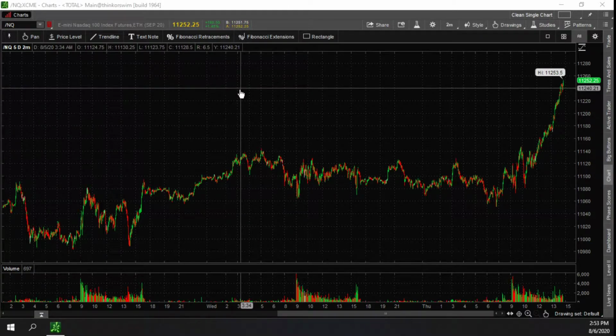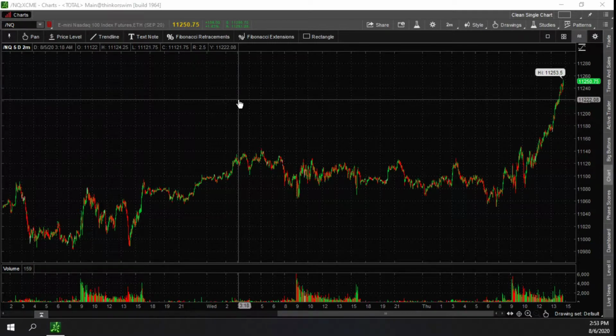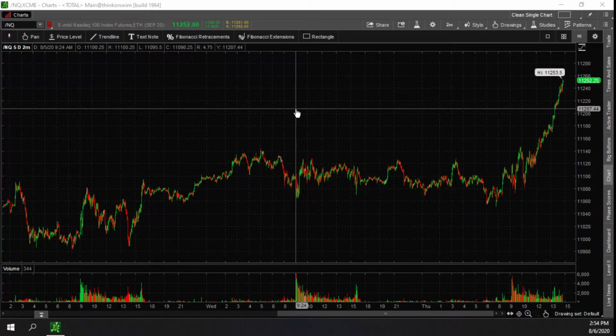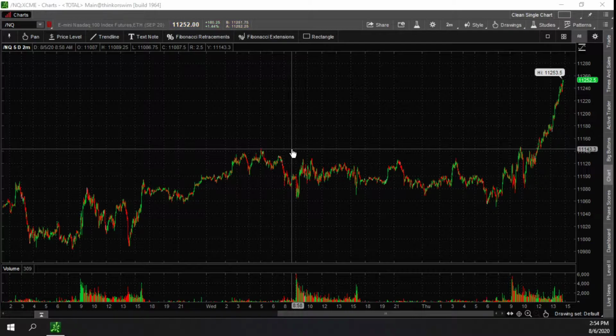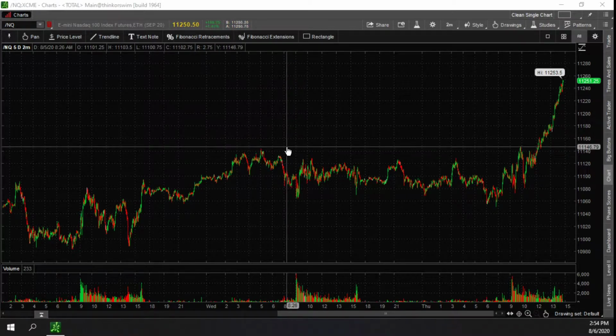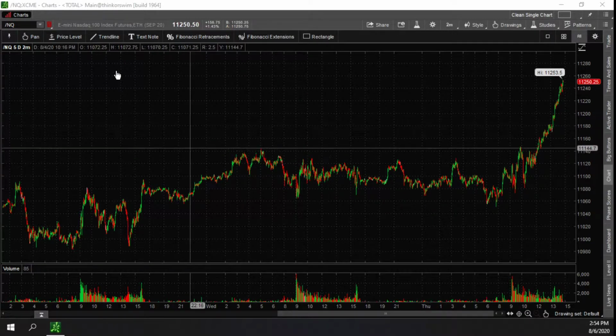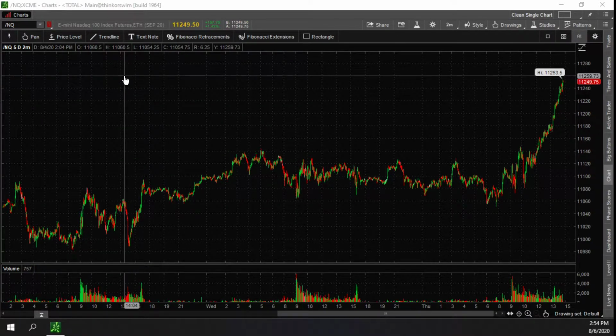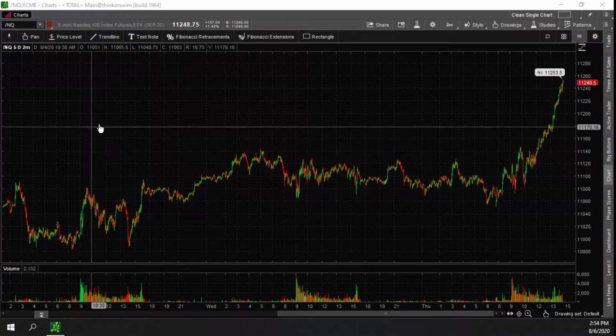Today I'm going to make a video talking about how to use the Fibonacci retracement and the Fibonacci extension tools on an instrument to give you an idea on where to set your targets, stop losses, and so forth. You're looking at a clean chart.